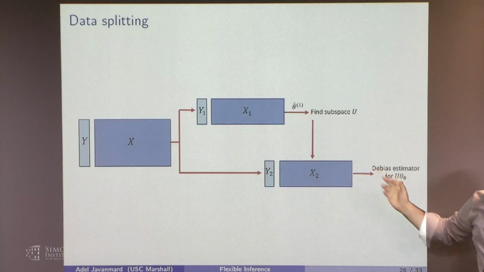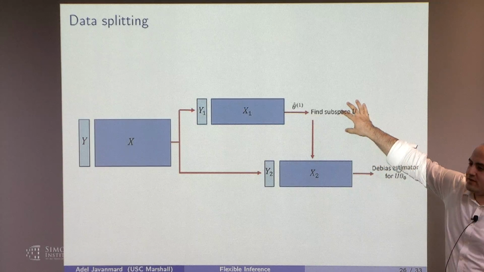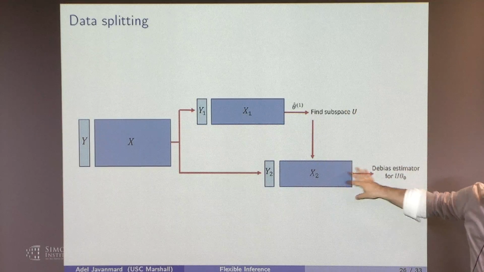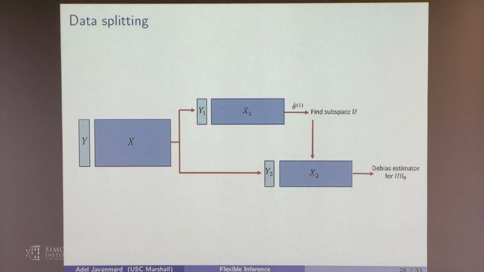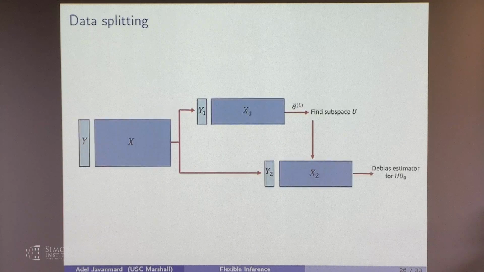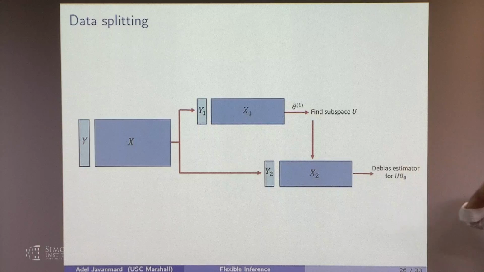So this is basically what we do. Data splitting: one split is used to optimize and find U, and then U is used with the second half to form the debiased estimator. There might be some way that if you use sharper analysis, then maybe you can avoid the data splitting, but we are not smart enough to do that.